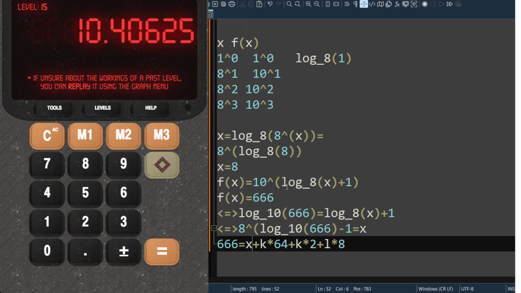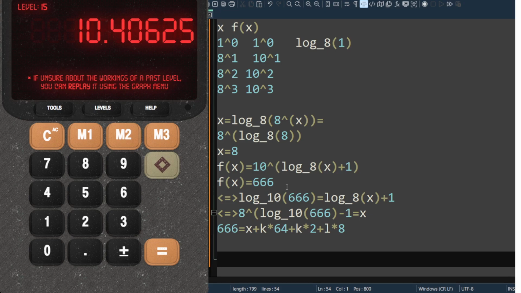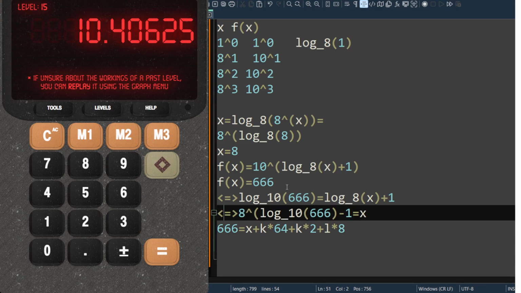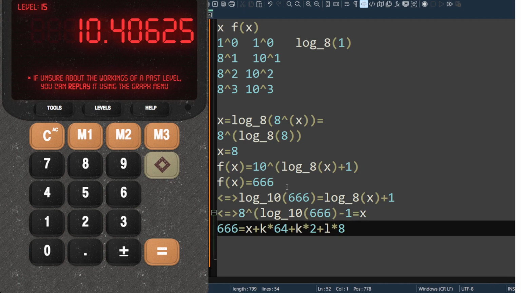However, right here, x, k and L, those are 3 variables. One way to solve this is definitely by just going through the numbers, but I don't think that this is what they want us to do. At least that would be a little too boring, I'd say.